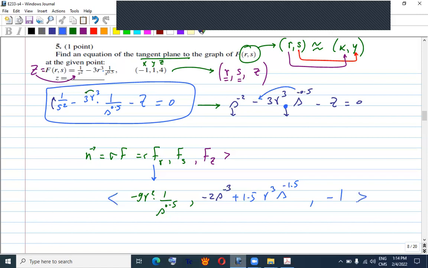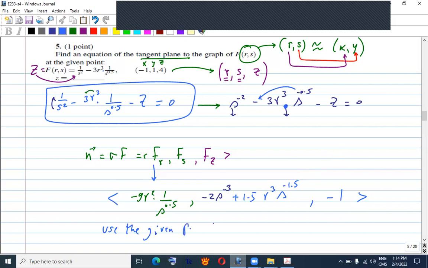Now, do we have a point? Yes. And the point now, be careful. If you treat this as x, y, z, you are lost. So here we said, how much is r? Use the given point. What do I plug in?